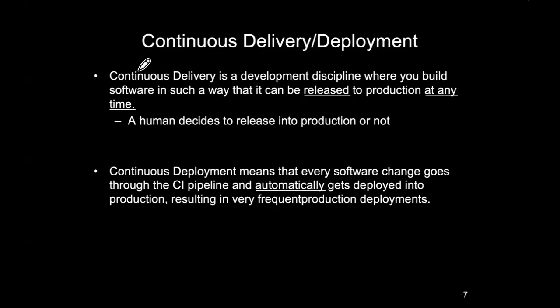But to distinguish between them, the idea with continuous delivery is that after every continuous integration build and test, assuming that the tests haven't failed, you now have a new version of the application. And that new version may have a new feature that wasn't in the previous version, or it may have a bug fix that wasn't in the previous version. So after every continuous integration cycle, if you like, you have a slightly newer version of the application.